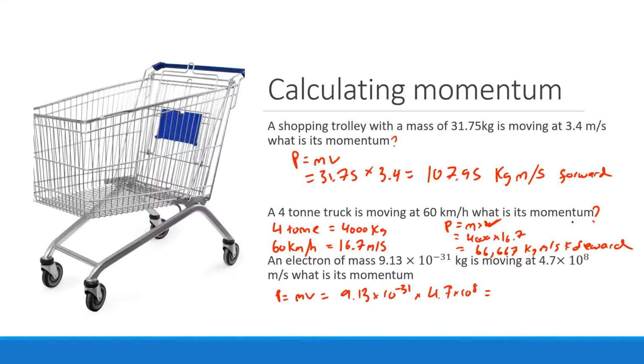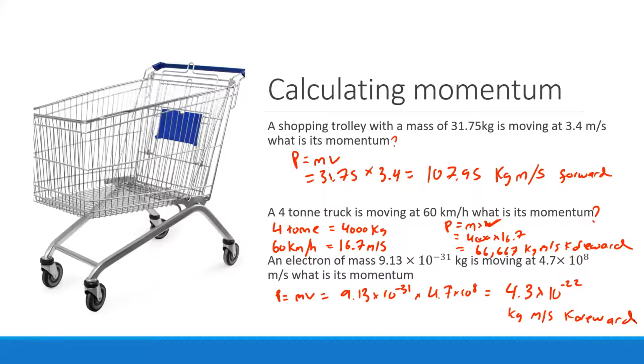I'm going to be lazy here, ladies and gents, if you don't mind. 4.3 times 10 to the power of negative 22 kilogram meters per second forward. I'm just going to write a direction, even if it's just forward, just in case. It's always good to be doing that anyway.